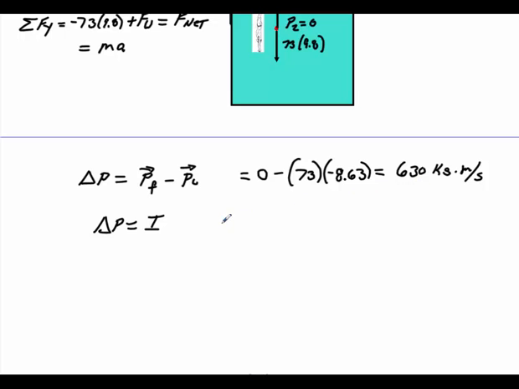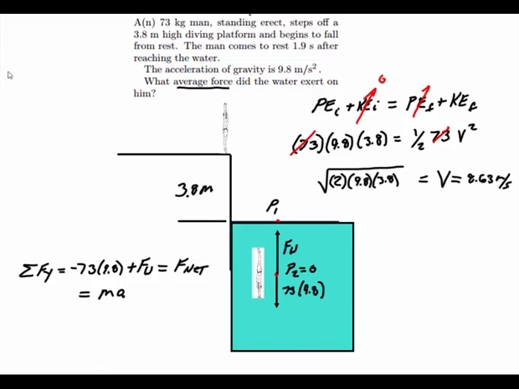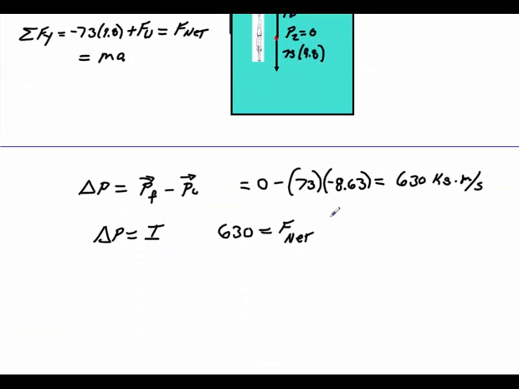So we take the value we have here, 630, and set it equal to impulse, which is the net force times time. I think we're given a time value of 1.9 seconds. But again, we know that the net force is equal to this.